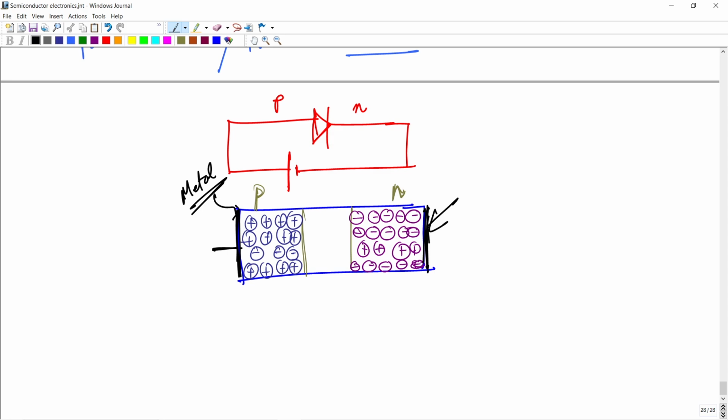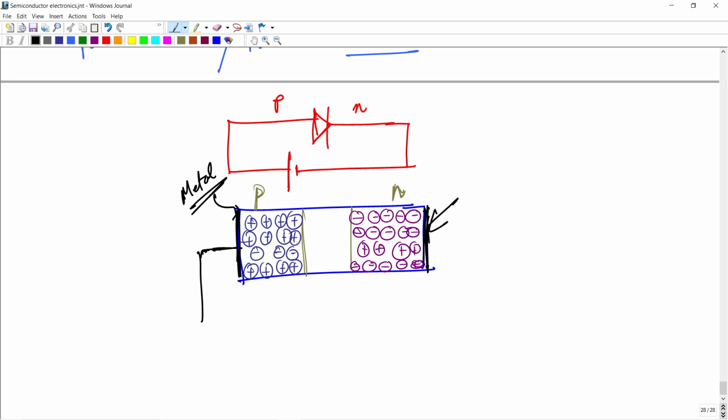Actually, skip that part, because it is a little bit complicated and out of our syllabus. It is not included in our class 12 physics. Let's skip that part.